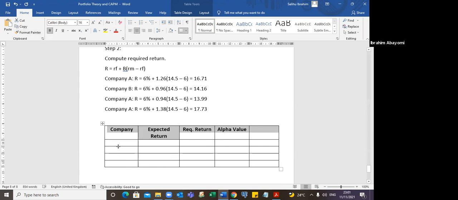Now, company A, company B, company C, company D. The expected return of company A is 16.88.